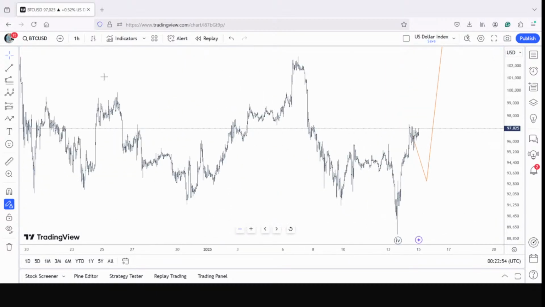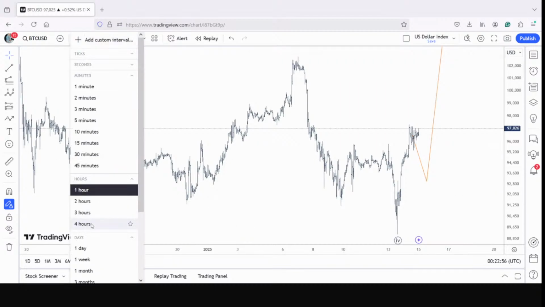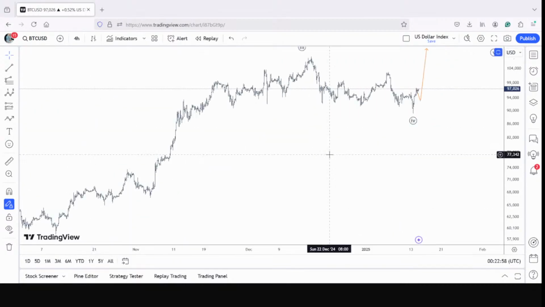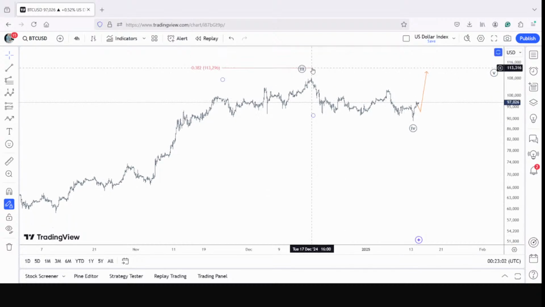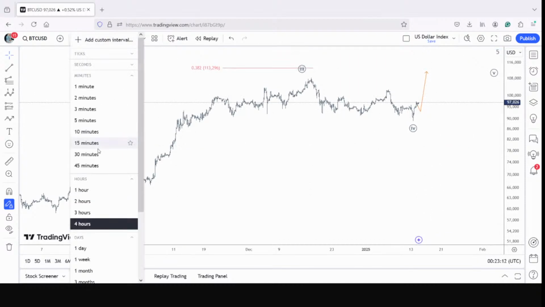The targets are well projected and placed around 110. That should be the first one. Just above the previous high, a print of 113 should not be far away from here. But we need to see a corrective decline before the third wave begins.